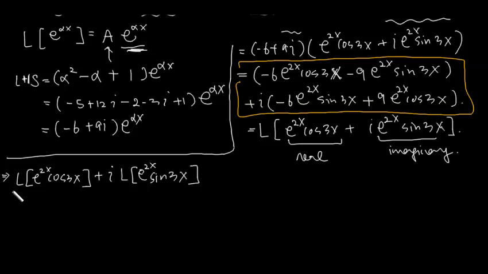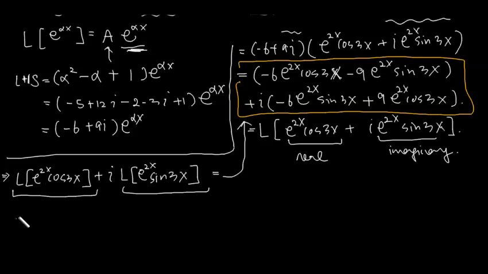That's a real function, and that's another real function. If this equals this yellow box up there, it must be the case that e to the 2x cosine 3x goes to that real part, and e to the 2x sine 3x must correspond to this imaginary part. So we have these answers.